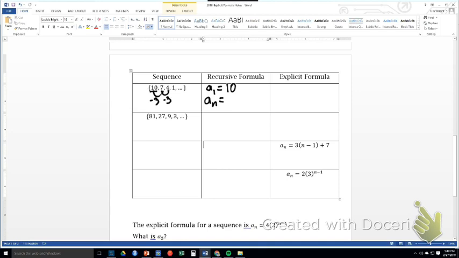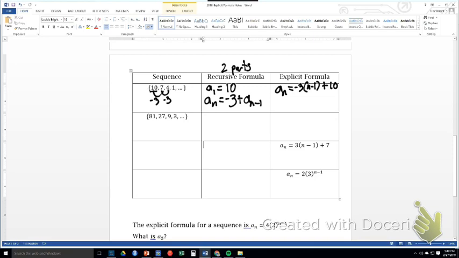So it's going to be subtract 3 plus an minus 1, right? Recursive formula, 2 parts. Now the explicit. Explicit is 1 part, so it's an equals, well, I'm changing by negative 3. My x would go there, but we're going to put an n minus 1, then plus 10.